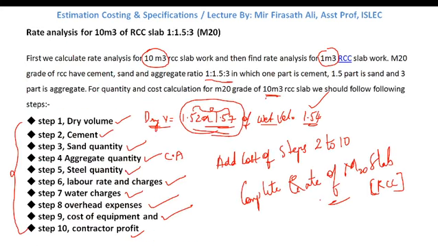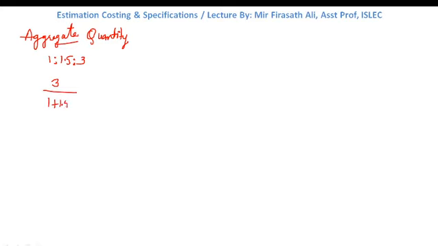So after calculating cement and sand quantity, now we will see coarse aggregate quantity. Similarly for 1:1.5:3, the volume of aggregates which we need is 3 by (1 plus 1.5 plus 3) into 15.4 meter cube.